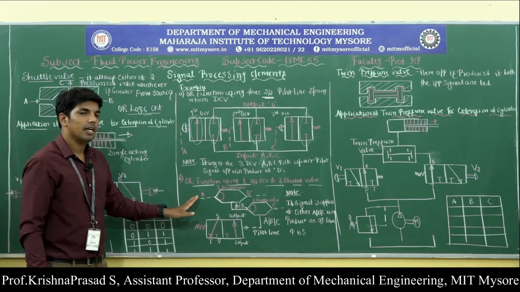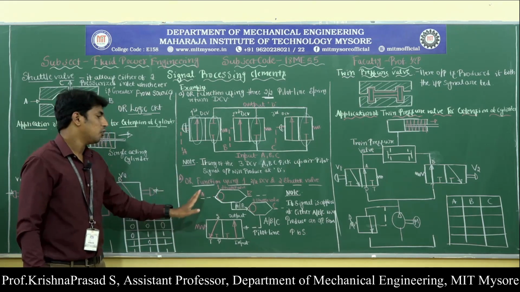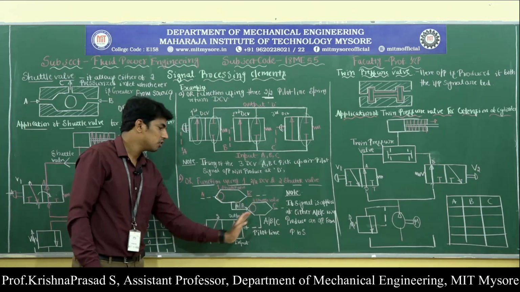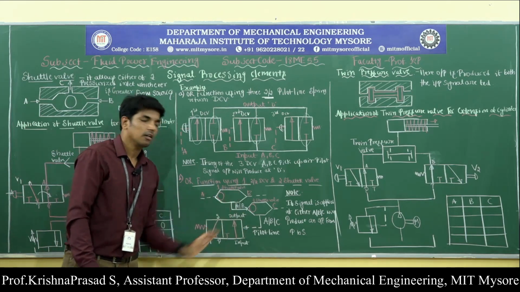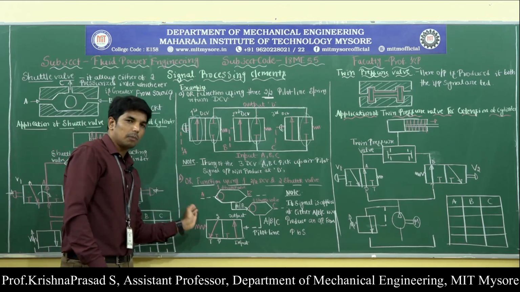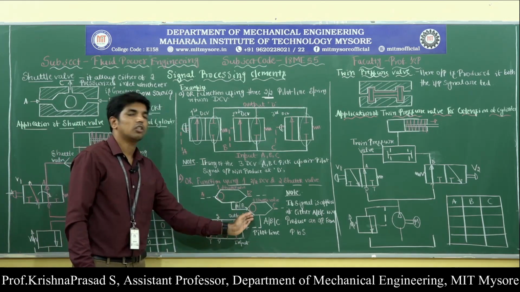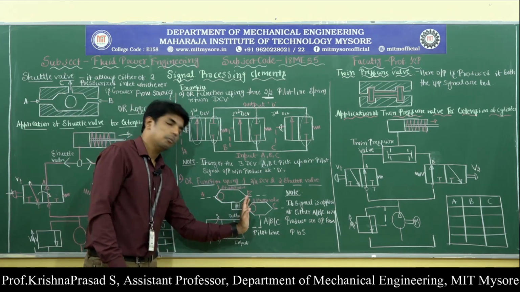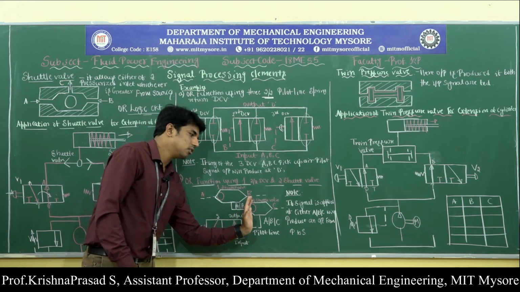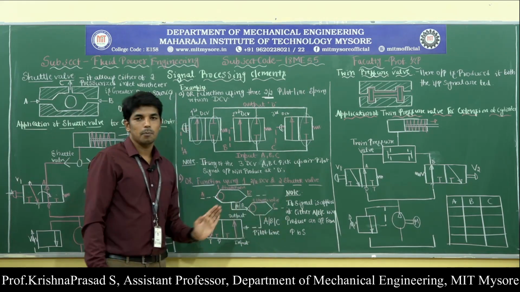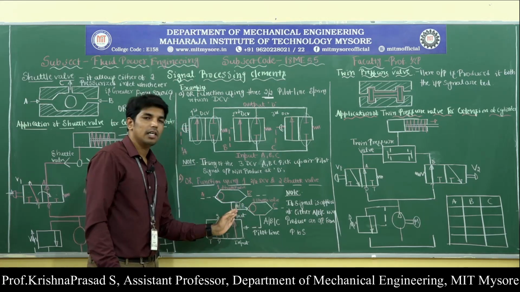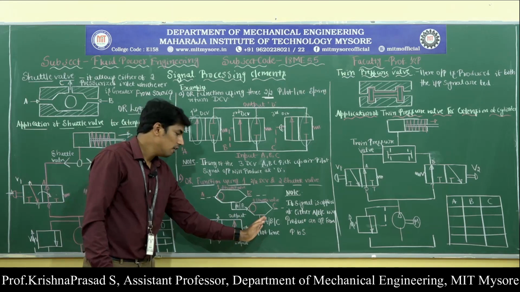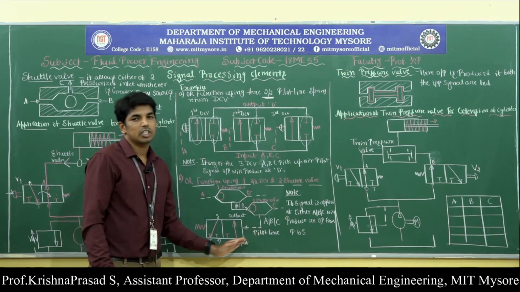Observe here, if the compressed air is applied through inlet port A of the first shuttle valve, then the ball shifts towards the right and blocks the other input signal B, then the compressed air from shuttle valve 1 enters into shuttle valve 2. Then it pushes the ball in shuttle valve 2 towards position C. Then the compressed air enters into the outlet port of the shuttle valve, and then enters into the direction control valve.